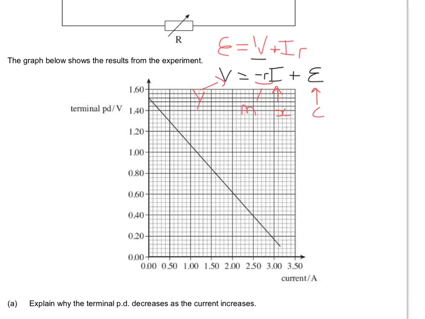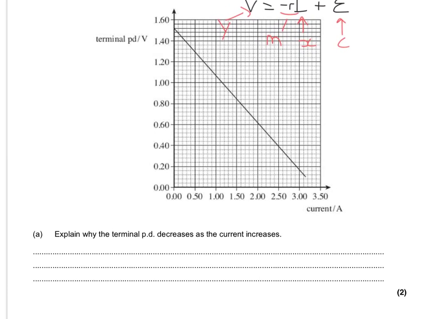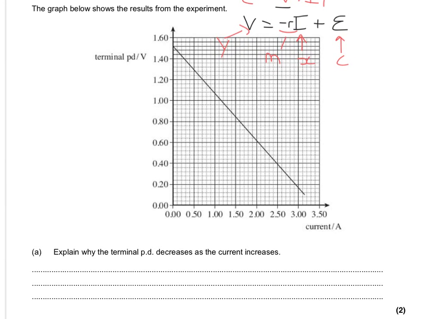So first, let's look at the first question down here. It says, explain why the terminal potential difference decreases as the current increases. We can see from this equation that EMF is constant because it's just a property of the battery you're using. You can't change the EMF of a battery.